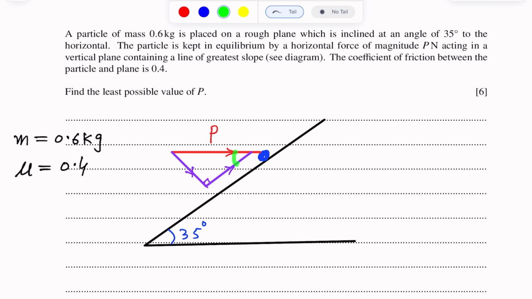Now this angle is the same as this angle, 35 degrees. So we write here this angle is 35 degrees.